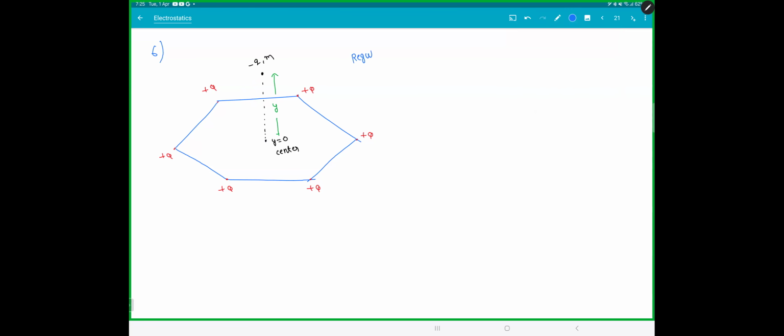So this is a regular hexagon of side L. A minus q charge of mass m is placed at a distance y above the center of a regular hexagon.